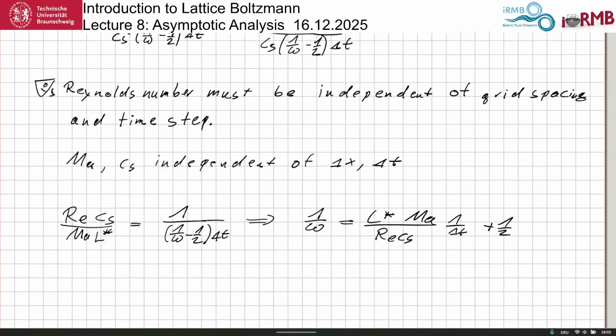And this thing here is scale dependent. So what does this mean? That means that our omega is scale dependent. So when we choose a different resolution, when we scale our system, we have to scale omega.